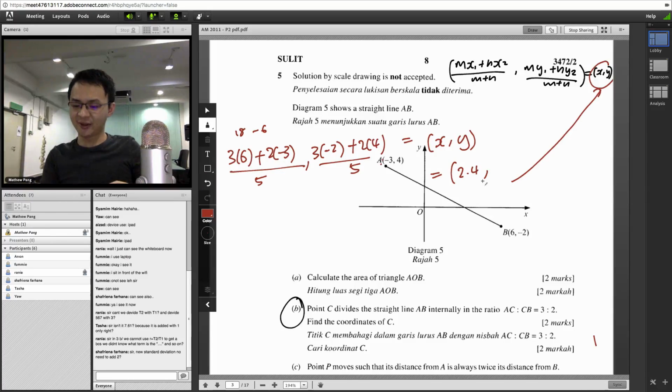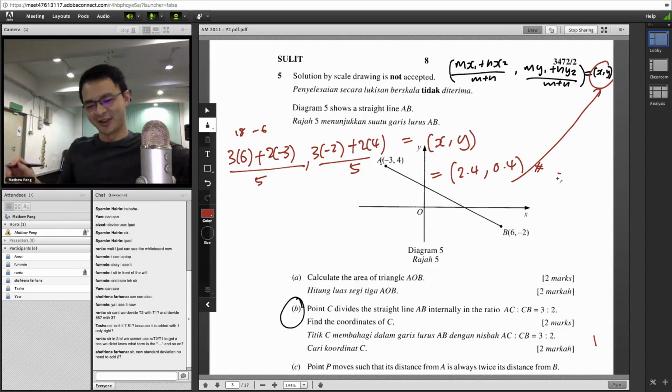Anyway, for y, negative 6 plus 8 is 2. 2 divided by 5 is 0.4. Is that the correct answer? Let me just double check because it doesn't seem very correct. Normally we won't get decimals in coordinate geometry topics. However, sometimes we still do get things like this. So let me just double check it.